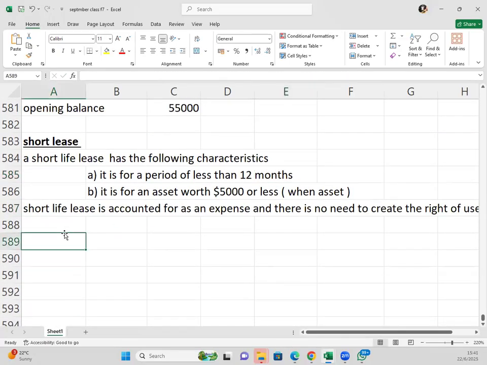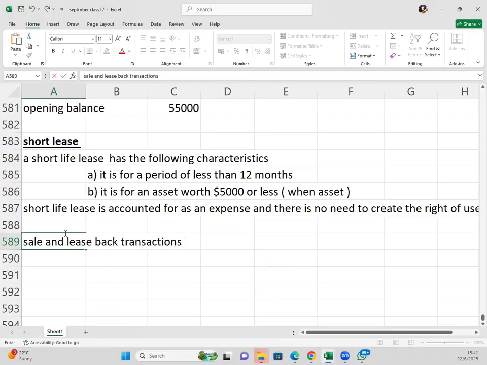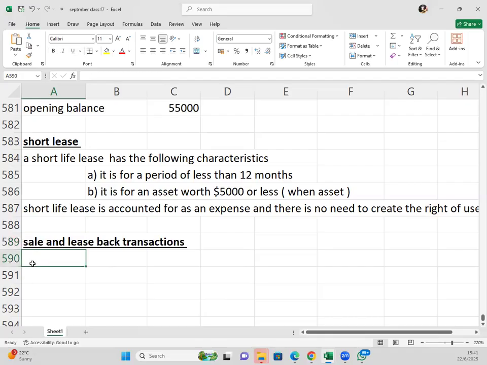Now, let's move on. We can also have what we call a sale and leaseback transaction. For us to say this is a sale and leaseback, we sell the asset, then it is leased back.